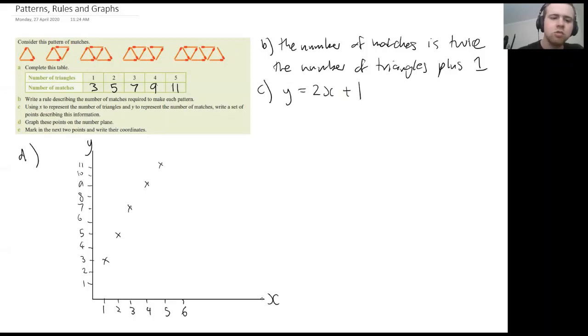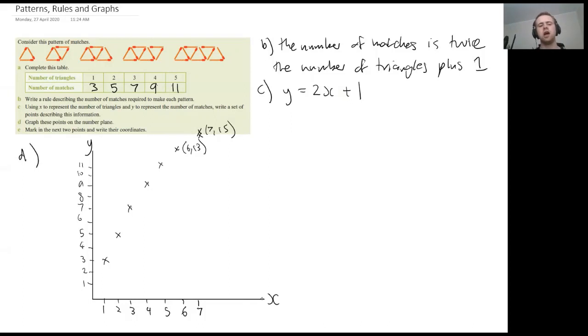Now, if we continue with this trend, we're adding 2 each time, then the next one is going to be 6, 13. Remember, we always write the x one first, and then the y one. And then above that for number 7, sorry, it should be a bit higher. It's going to be 7, and it's going to go up by another 2, 15 here.